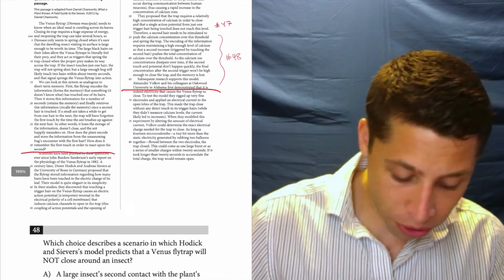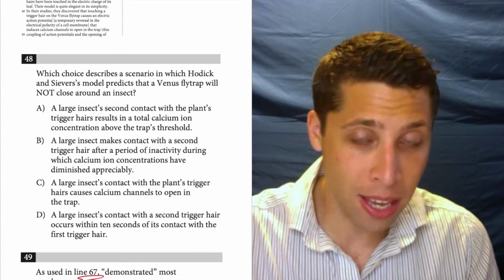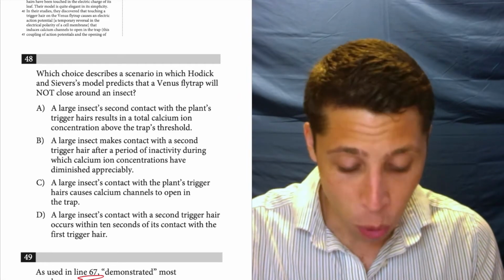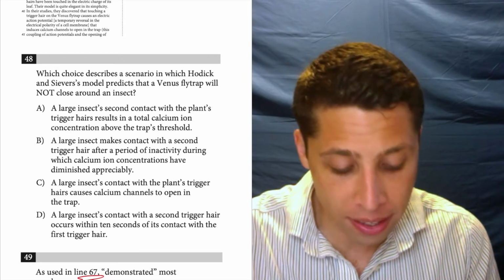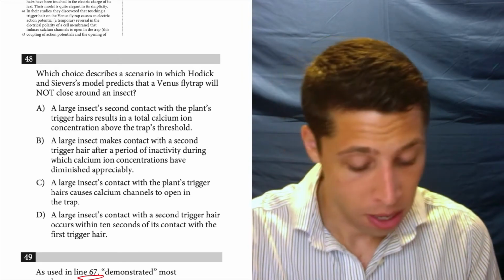What's also strange is that this is not asking for something that's mentioned in the lines, right? It's a hypothetical situation. Which choice describes a scenario in which Haddock and Seaver's model predicts that a Venus flytrap will not close around an insect?